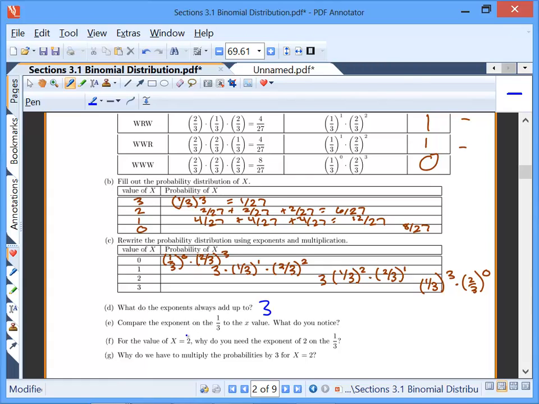For the value of x equals 2, why do you need that exponent to be the 2 on the 1/3? That's the number of right answers you need. So if I want 2 right answers, then I need the probability of the first right answer times the probability of the second right answer. Okay, why did I have to multiply the probabilities by 3 for that x equals 2?